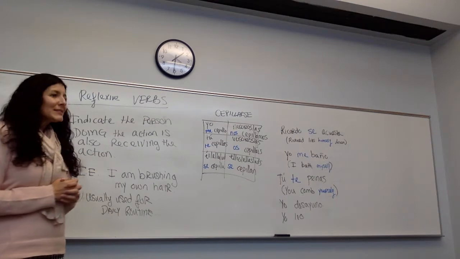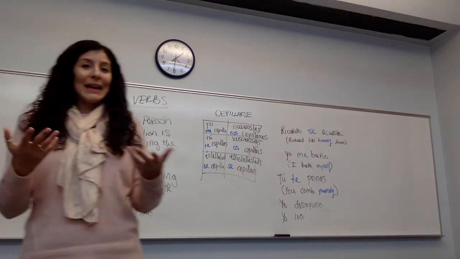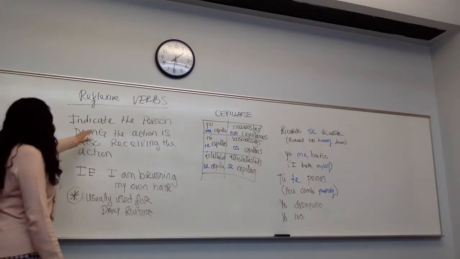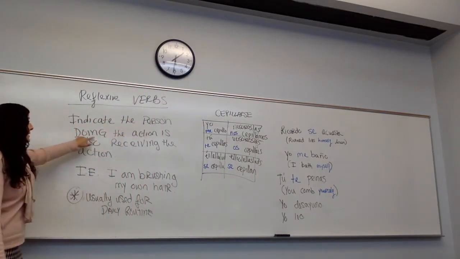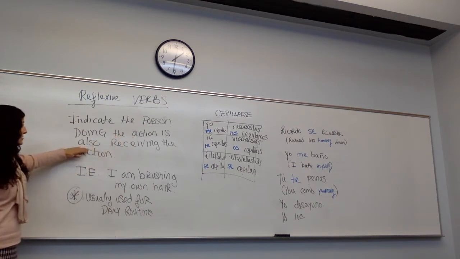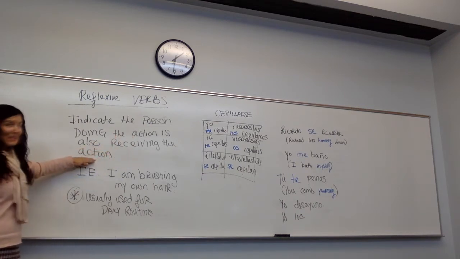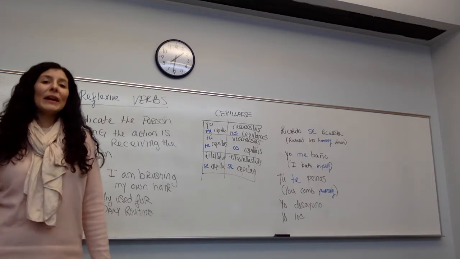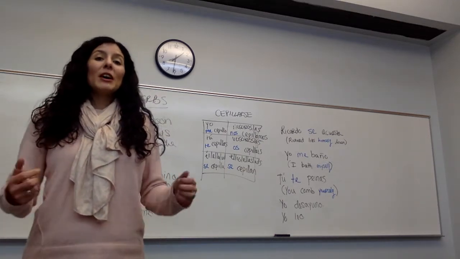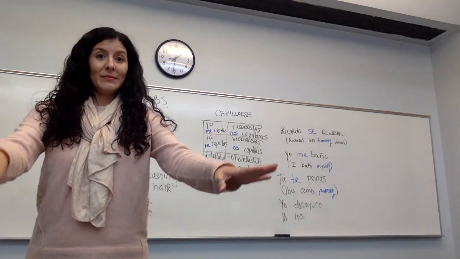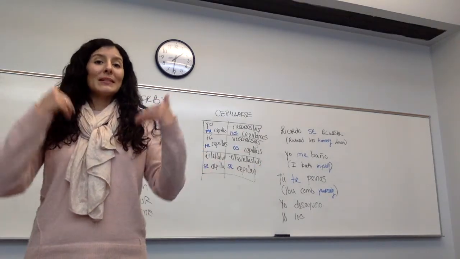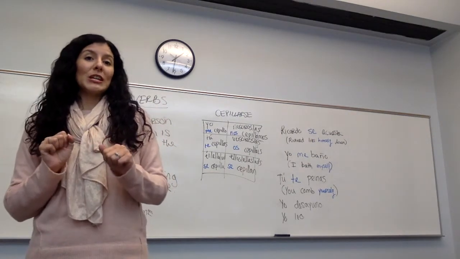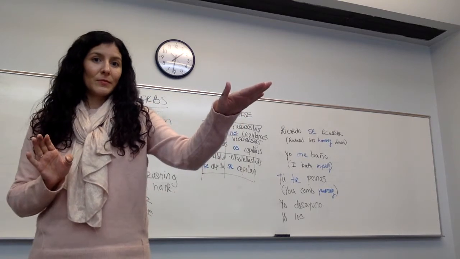So reflexive verbs are a way in Spanish to indicate that the person doing the action is also the person receiving the action. So it's a way of saying, I'm not just bathing anyone, I am bathing myself, or you are bathing yourself, or he or she is bathing himself, right?